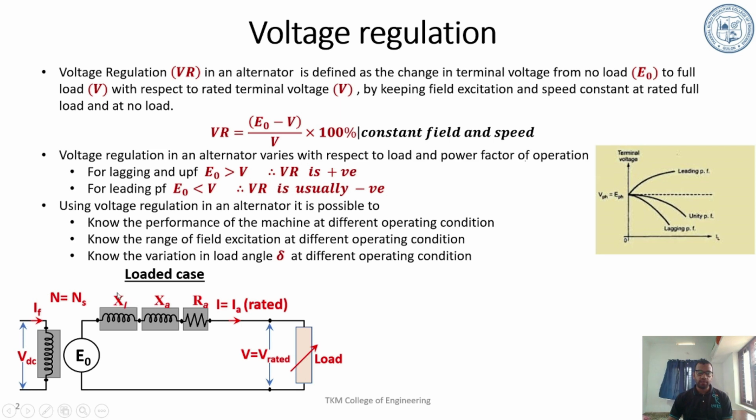Leakage reactance represents the reduction in induced EMF due to the presence of leakage flux. Therefore, leakage reactance represents an EMF concept. XA represents the armature reaction effect. As armature current flows, armature flux interacts with the main flux. That effect is known as armature reaction.